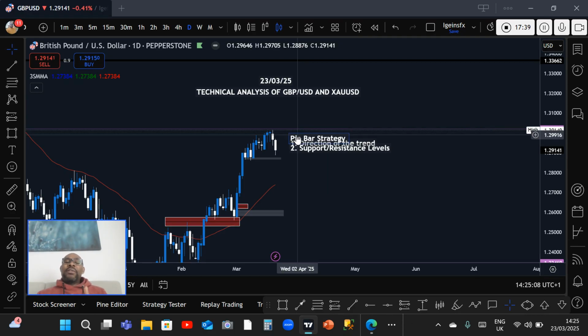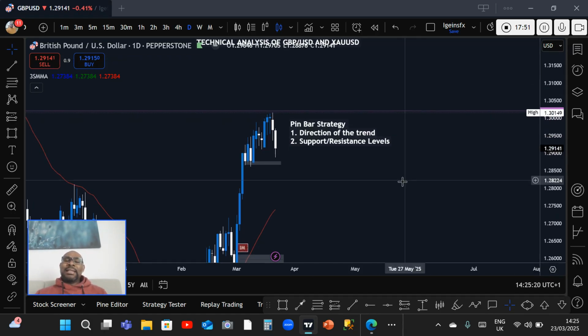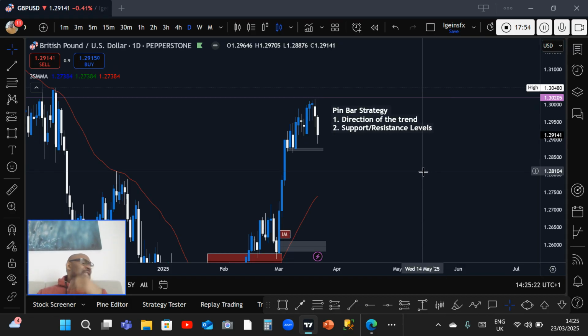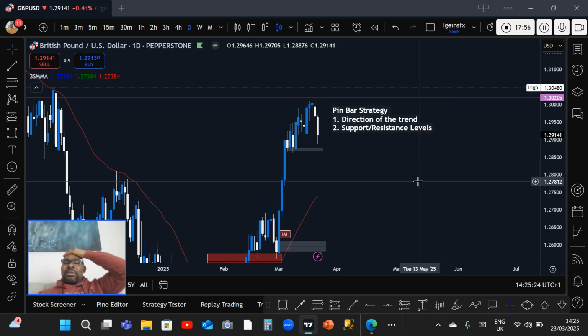If price manages to break above this place, I will wait patiently for price to come back to retest it. Then I join it to push the market to the upside again.